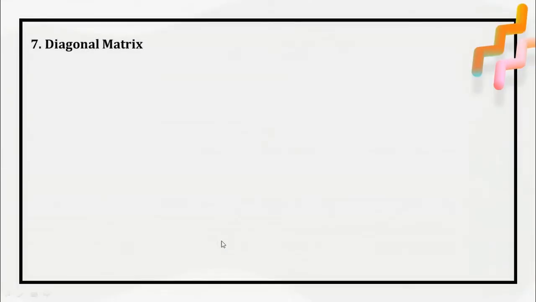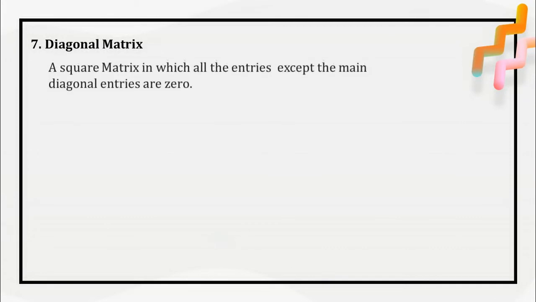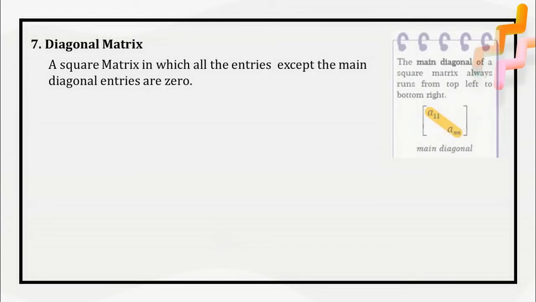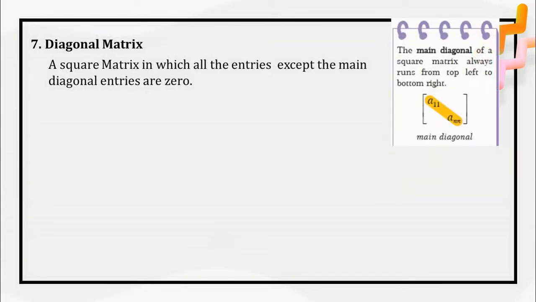Okay, number 7, diagonal matrix. A diagonal matrix is a square matrix in which all the entries except the main diagonal entries are 0. The main diagonal of a square matrix always runs from top left to bottom right. That's why it's called the main diagonal.